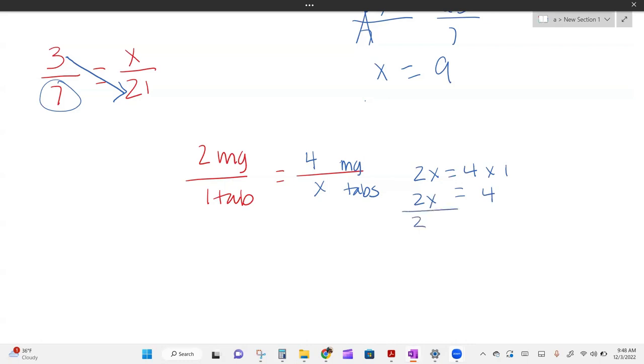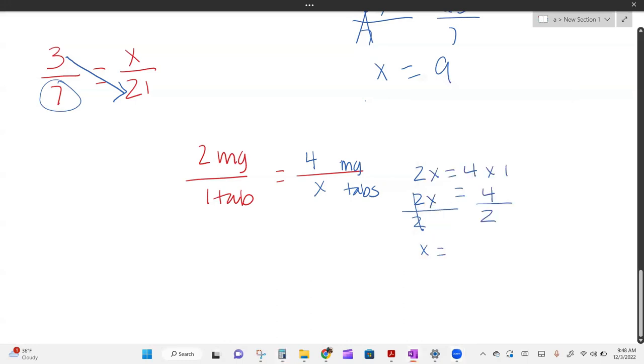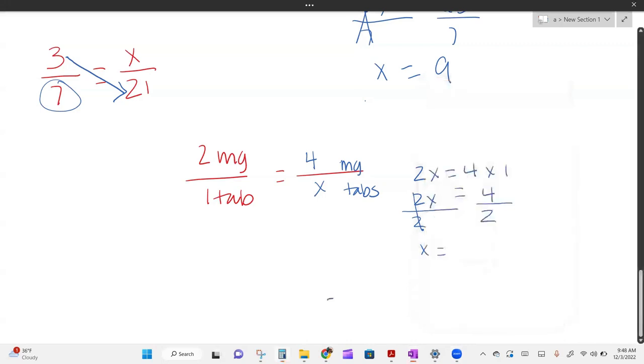We want to get X alone, so we got to get rid of that 2. We have to do the same on the other side. So 4 divided by 2 is 2, and the answer is 2 tabs.